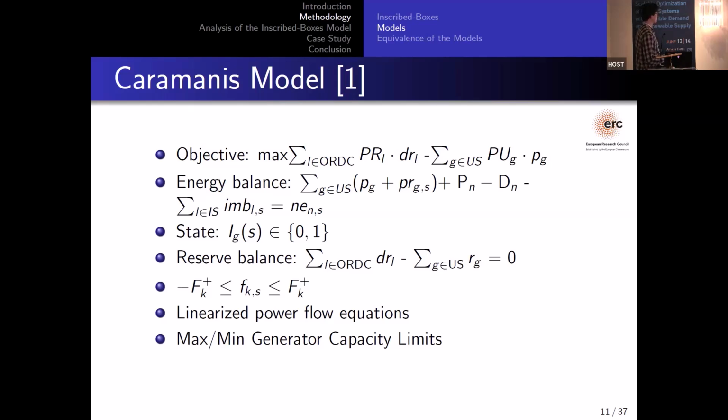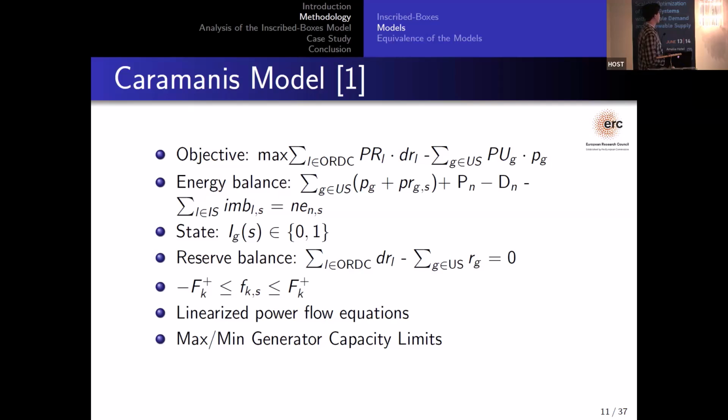And then we introduce a variable that's there to make our network feasible, because we have extra reserves activated and they consume the activated reserves. The reserve balance constraint is a very self-explanatory equation.